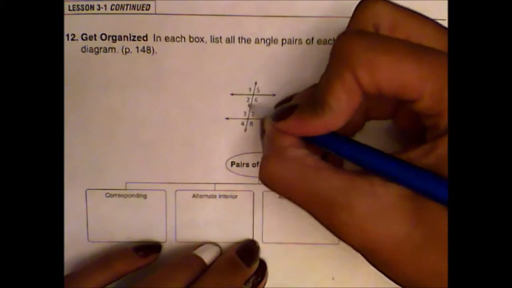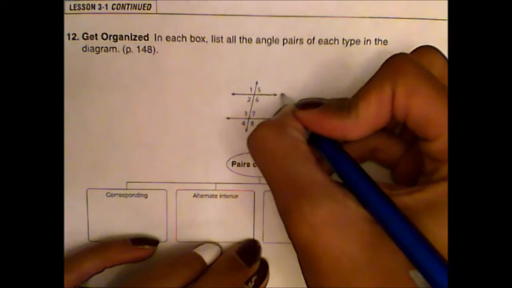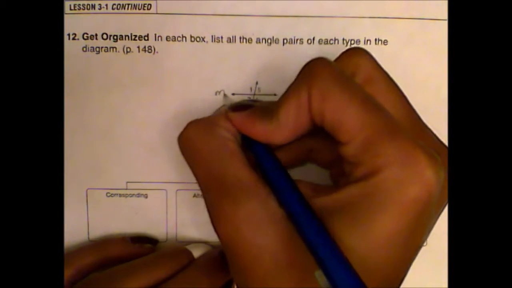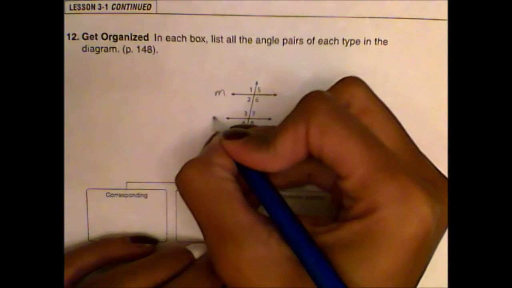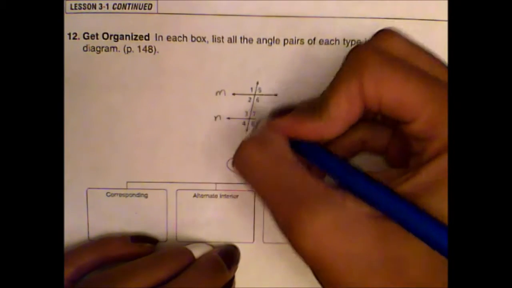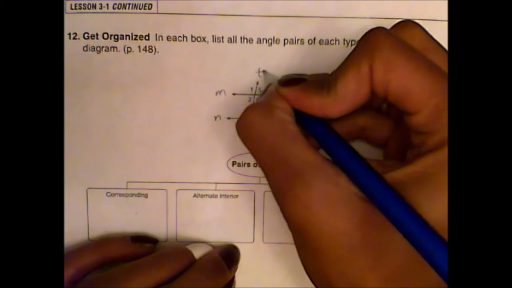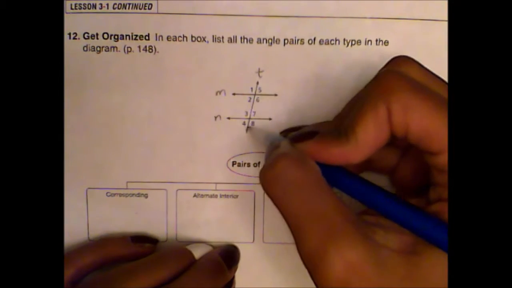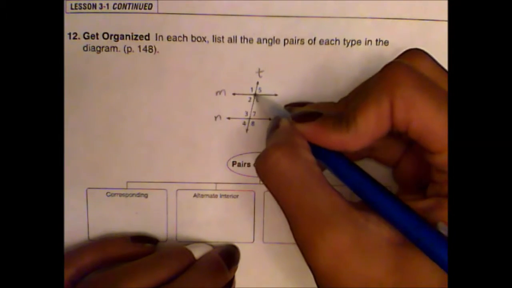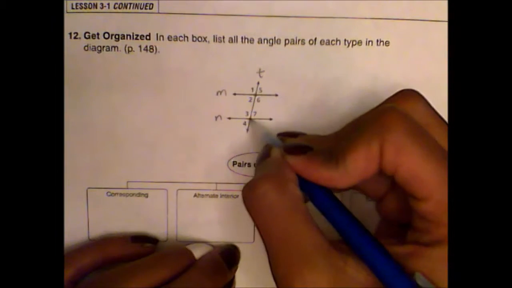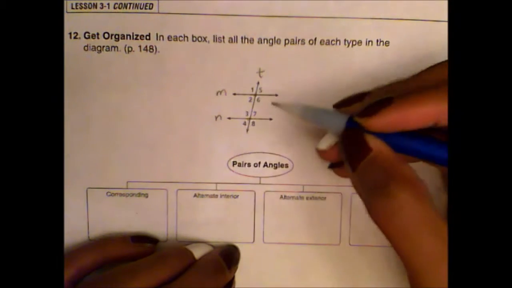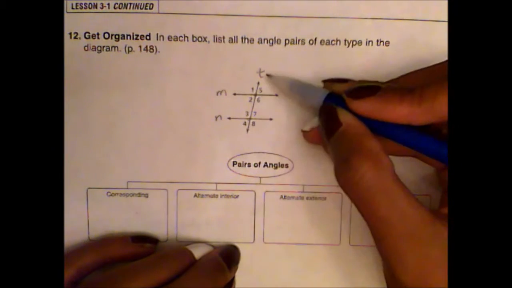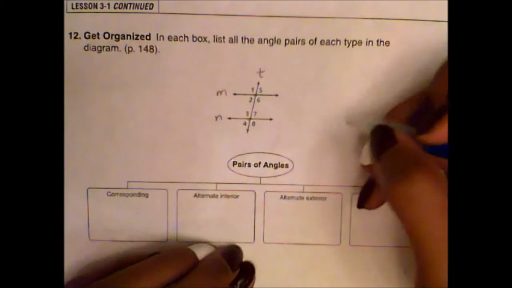So this transversal cuts through, we'll call this one line M, and we'll call this one line N. The transversal I'm going to call line T. So the transversal cuts through line M right here, and it cuts through line N right here. Okay? And so again, it just intersects two coplanar lines at two different points.